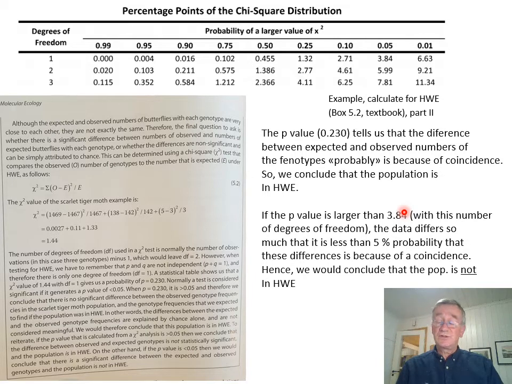So since there is such a small probability that this is similar, we will say that the population is not in Hardy-Weinberg equilibrium. So if you get a chi-square value higher than 3.84, we will say it's not in Hardy-Weinberg equilibrium.